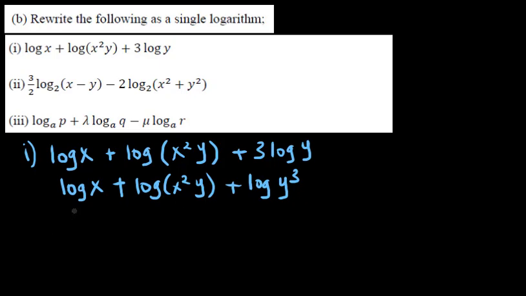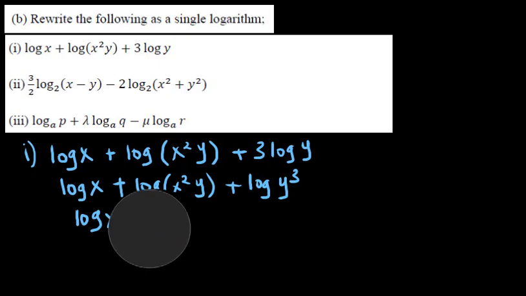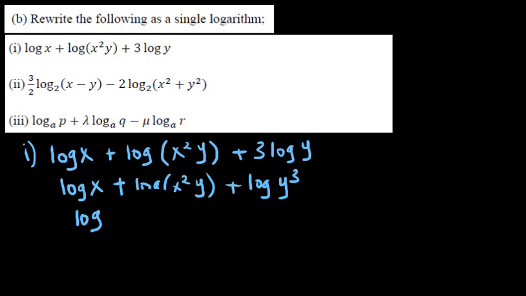So here the x can multiply with what's in the brackets, so that we have log x to the power 3 y plus log y raised to the power 3.